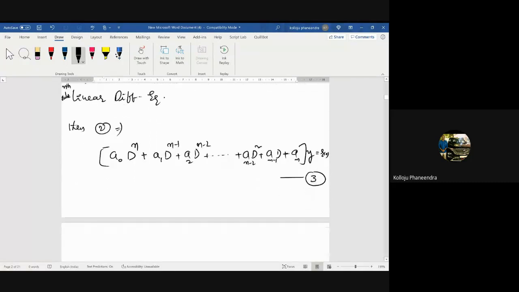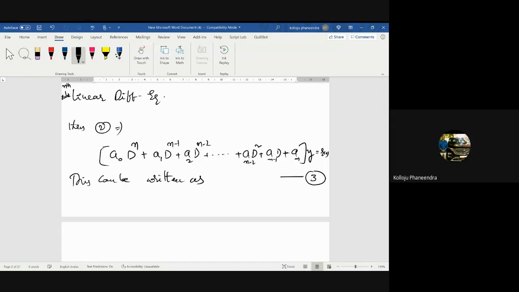This is the operator form, and this can be written as, all of you, this is important. What is this? A0, A1, A2 are all constants, and D stands for derivative. So this entire equation 3 can be written as function of D into y equal to R of x.